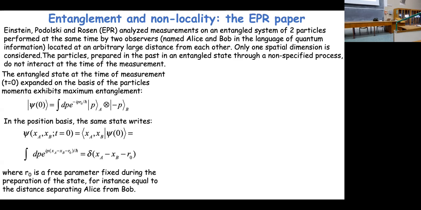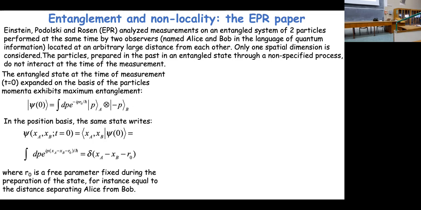And you know that if you measure one and find the momentum p, you will find momentum minus p for the other. Now, there is a slight complication here, which is very important. You add a phase here. For p, you had an exponential e to the minus i p r naught over h bar. R0 is a parameter. It's a length, a distance, and you just add this factor.